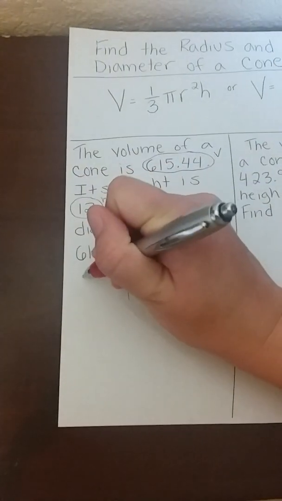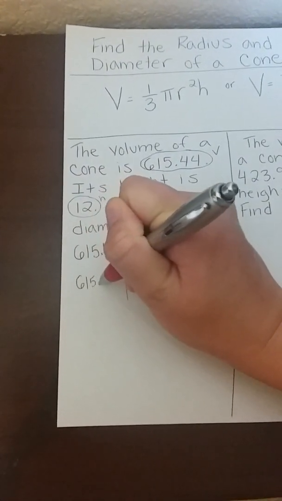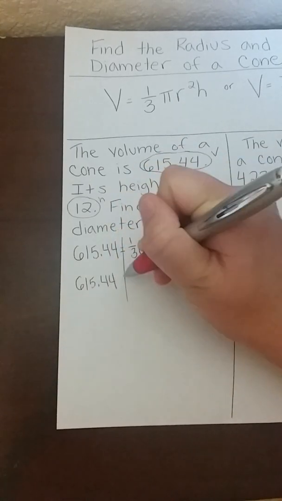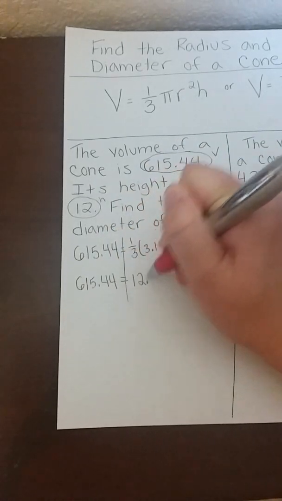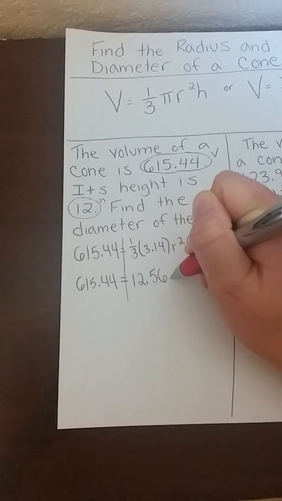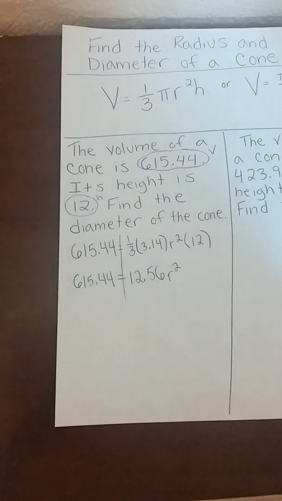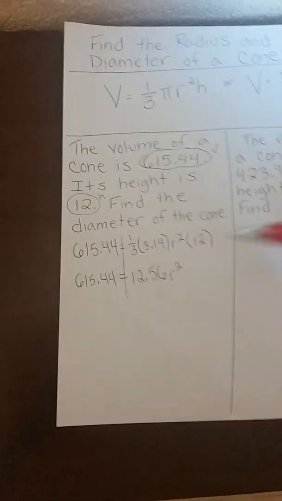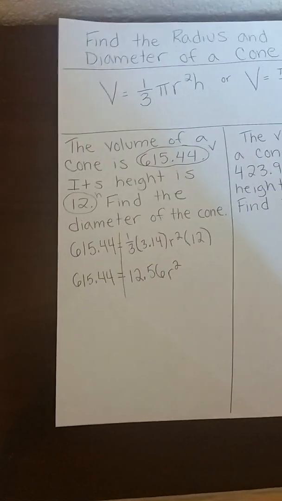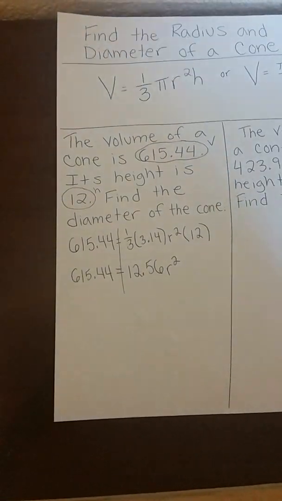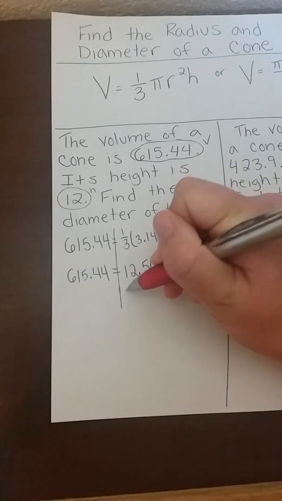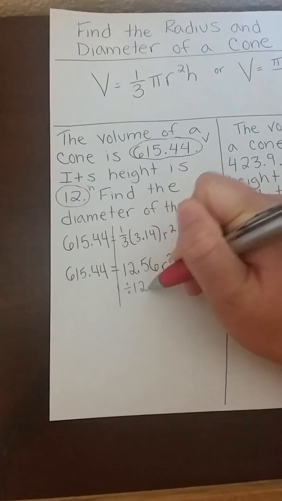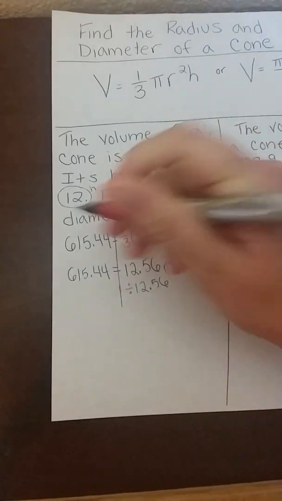So this is now 615.44 equals 12.56 r squared. It's important that you bring down r squared and don't just turn it into r. Next, we're going to get r squared alone. So we're going to divide both sides by 12.56.